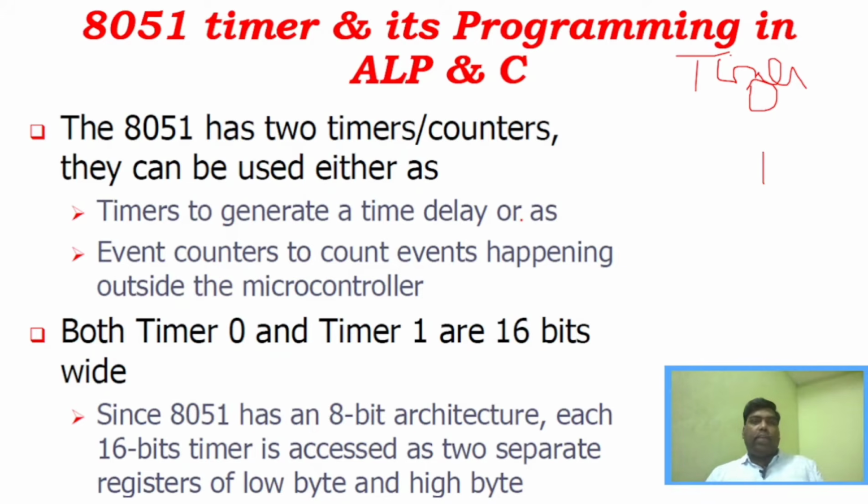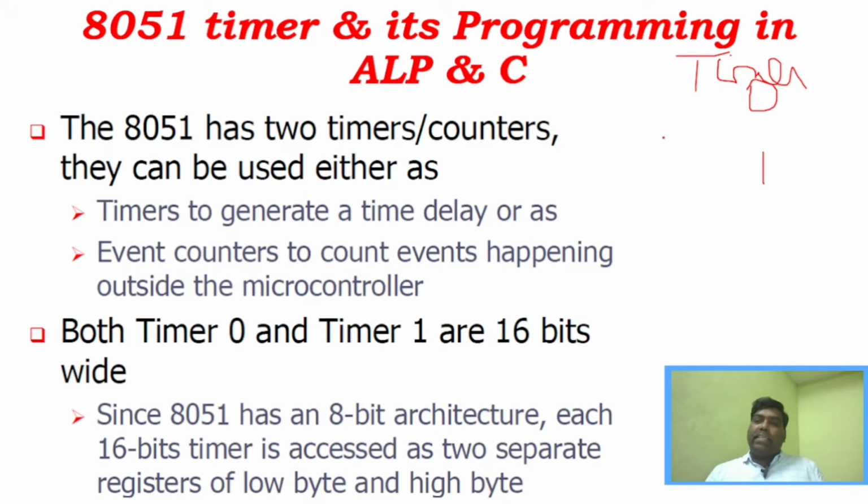I would request you to go through those videos and come back, so that you can understand why we say the timer is a 16-bit register, and why we are splitting it as 8-bit here, all those concepts, okay? So timer 0 and timer 1 are the two important timer registers in 8051, right?